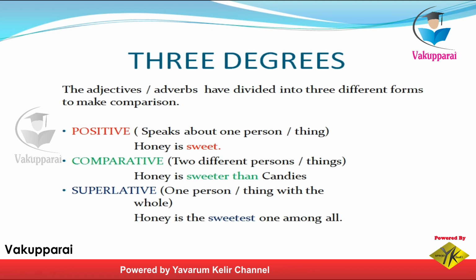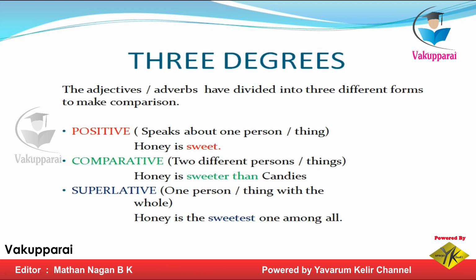Then superlative degree. Superlative degree speaks about one person or thing with the whole. Here I compare honey with all other sweets in the world. Honey is the sweetest one among all. Okay, got it? Next.